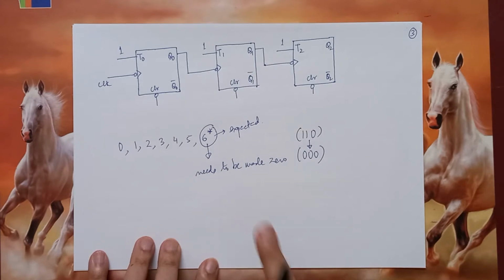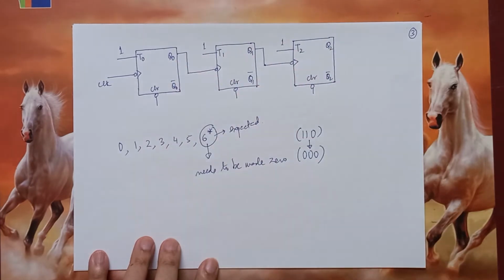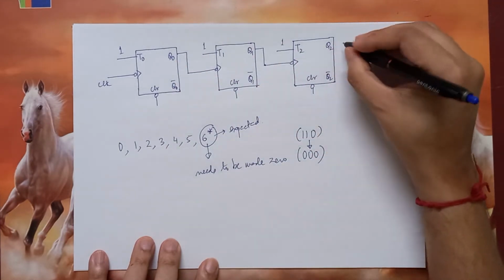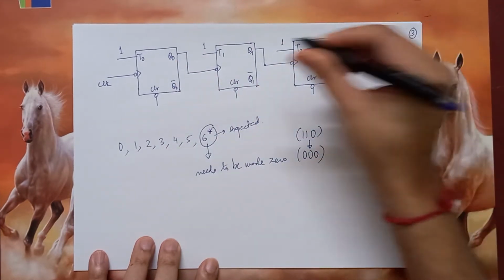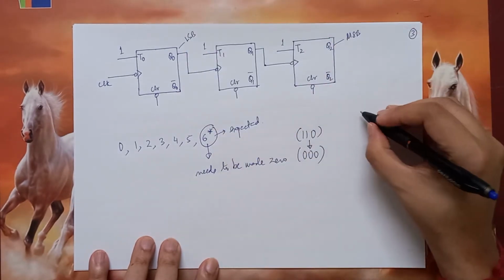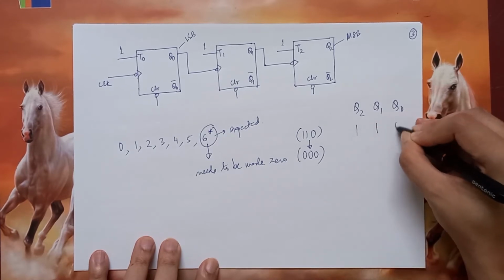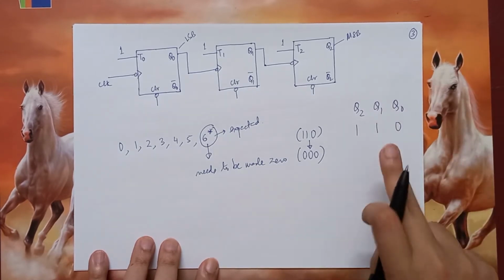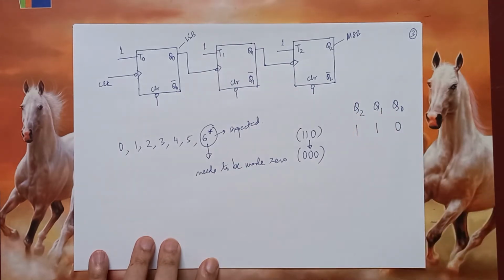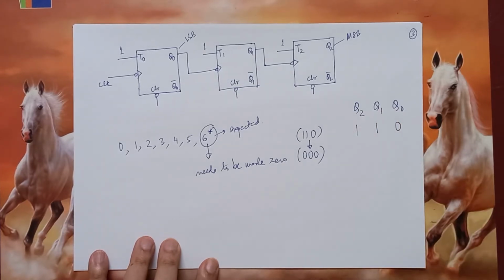So now, what we essentially need is when the output tries to go to 6. That is, if we take this as the MSB and this one as the LSB, then when the output is trying to go to 6, Q2, Q1 and Q0 will try to become 110. But only for this particular case, we want the clear function to become 0 only when this combination is 110.